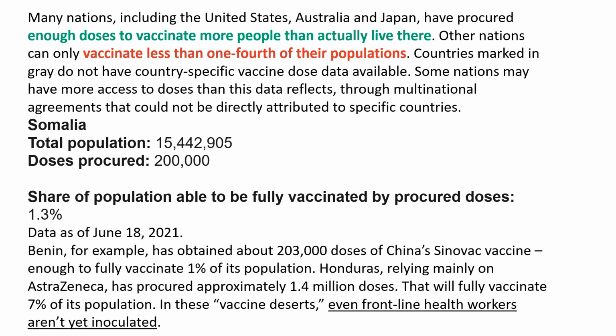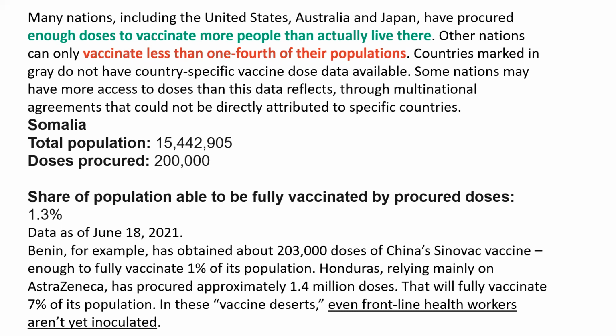And again, we talk about these things called vaccine deserts, and we see this in our own country, where you have not a pandemic anymore in the United States of COVID-19, but more like an endemic, which is saying that only certain areas are having surges while other areas are having a minimal surge.